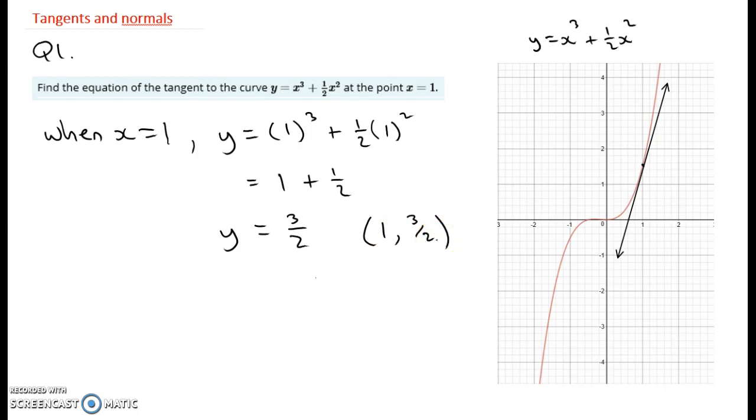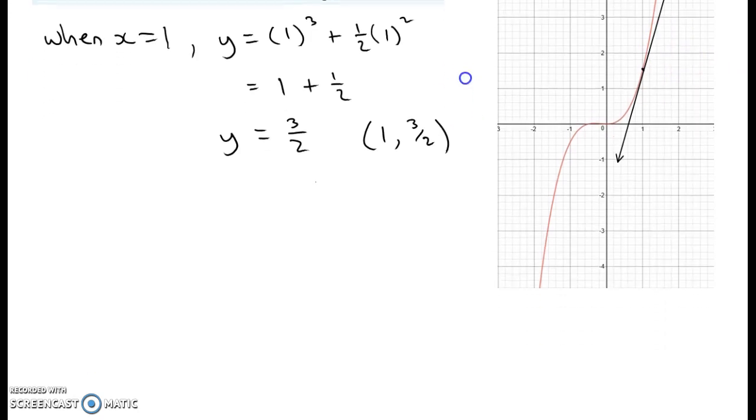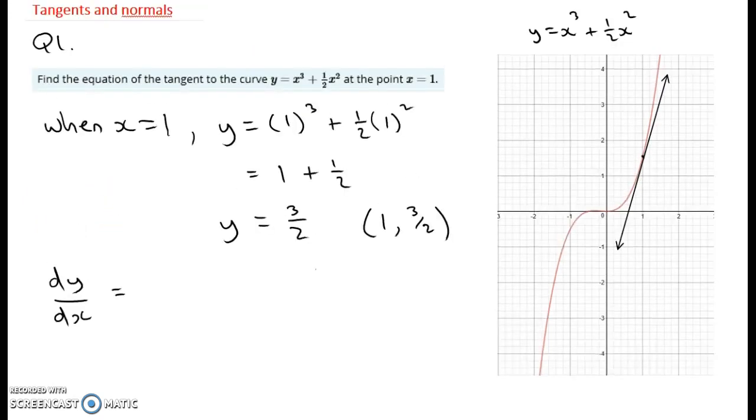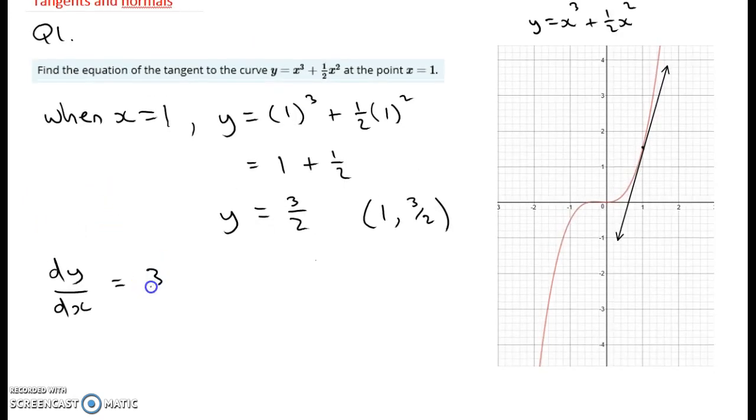Alrighty, the next thing that will be helpful to get the equation of this tangent line is the gradient. This is a process that hopefully you're familiar with. To find the gradient of this tangent line, we need to take the derivative of the curve. So dy/dx equals 3x squared plus x.